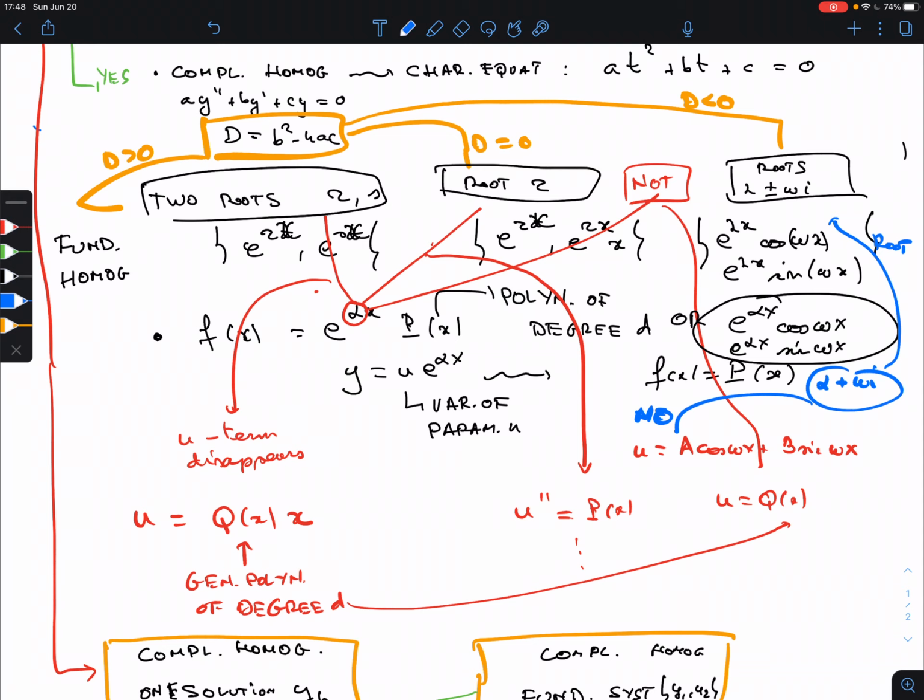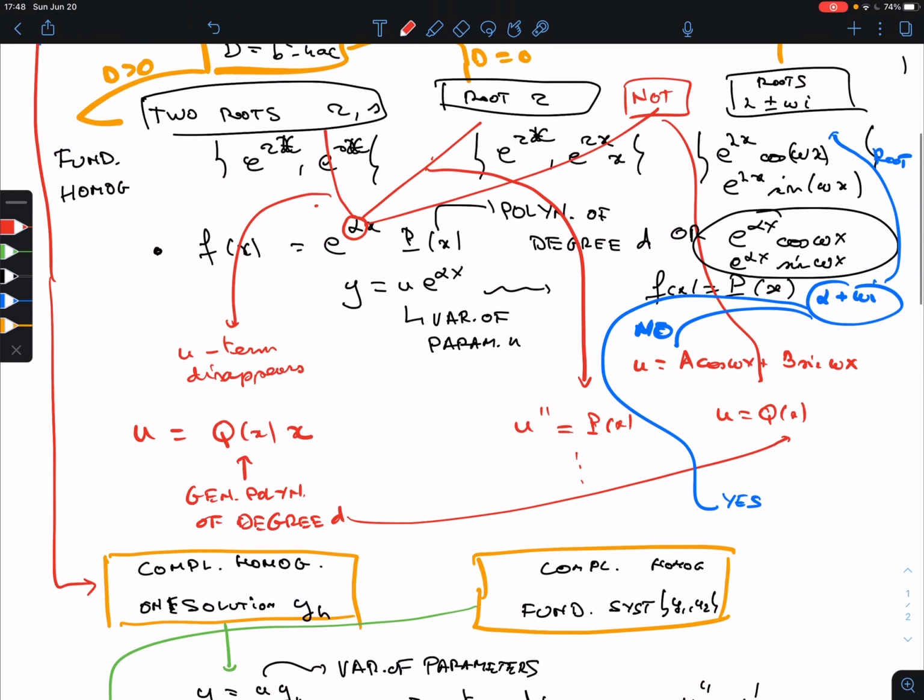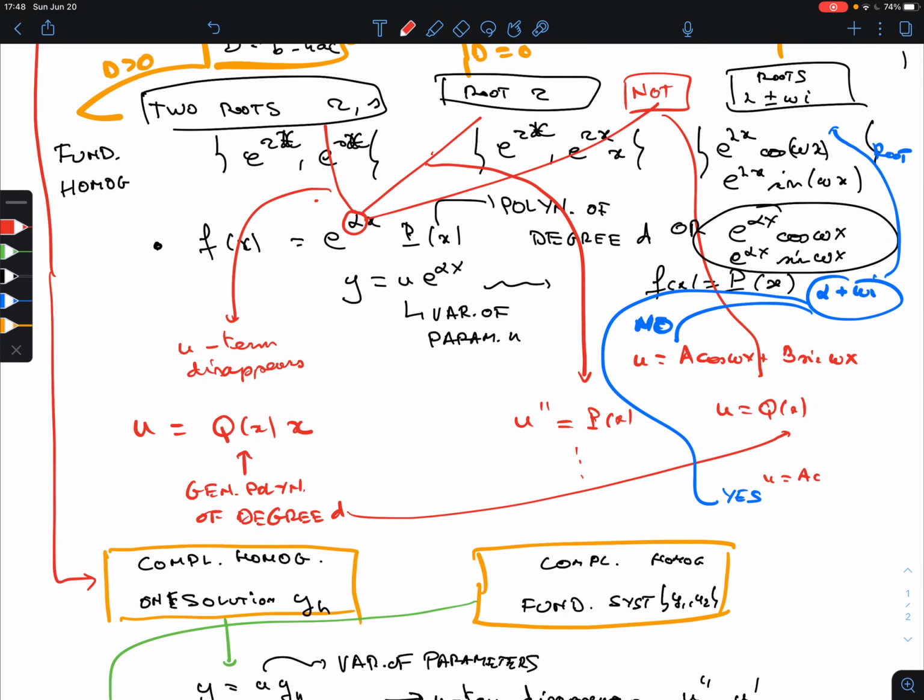If it is a root, then we do the same trick as in the real case.